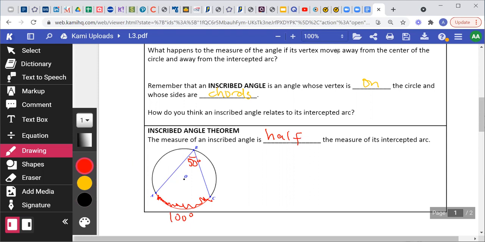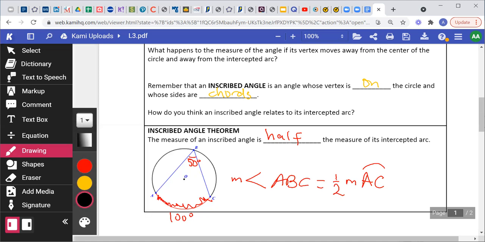So I'm gonna write a global formula to say the measure of angle ABC is equal to half of the measure of the arc AC, isn't it?